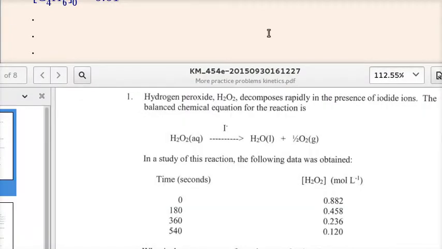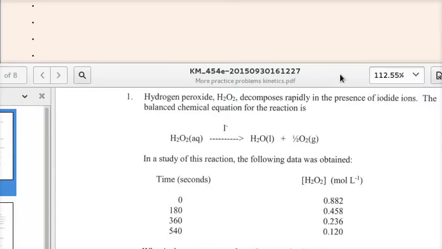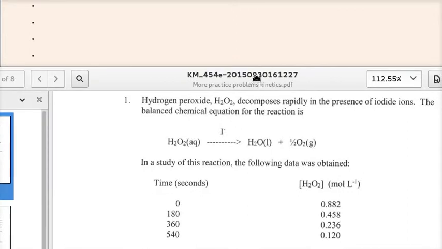It's final minus initial. The final we have 0.458 and 0.882 is the initial.